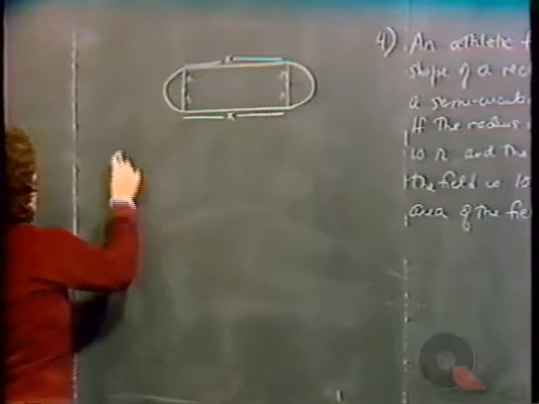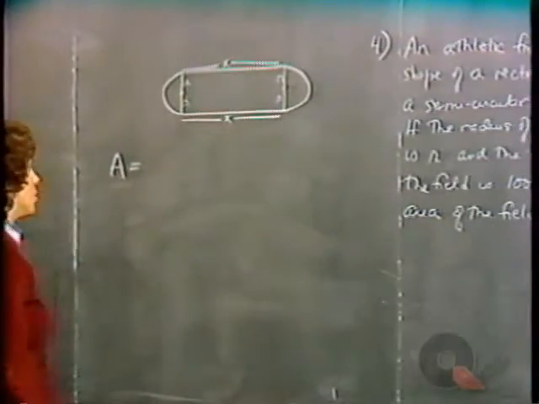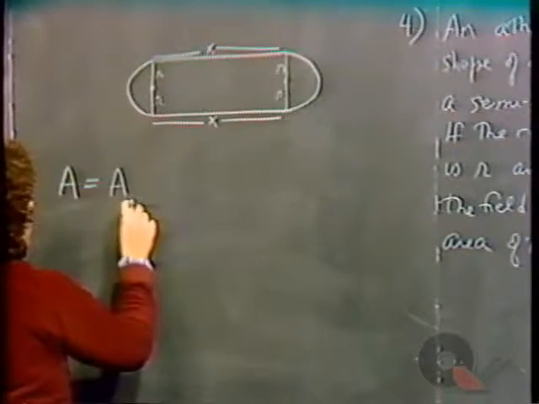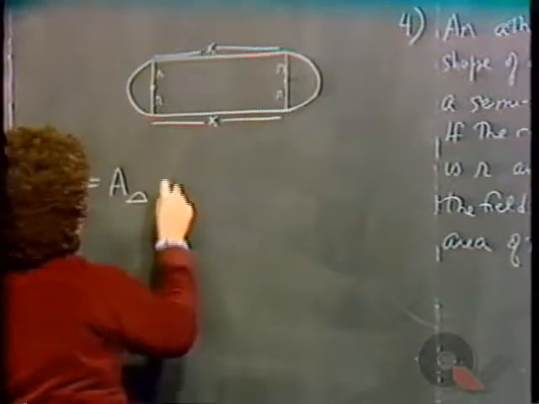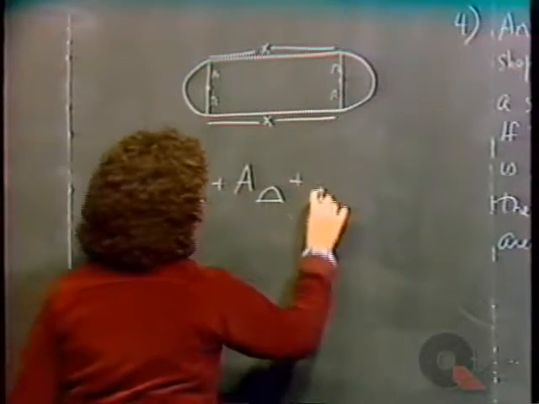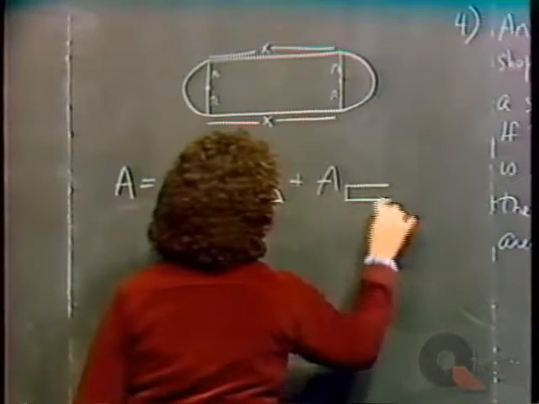The total area would be the area of the semicircle on this end, plus the area of the semicircle on that end, plus the area of the rectangular region.